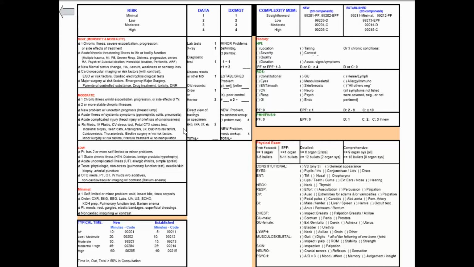But anytime you directly review something, whether it's a KOH slide with a wet prep or a chest x-ray or an EKG, you get 2 points. So a lot of times when you're in the hospital and you're looking at these EKGs or chest x-rays, again, you can get 2 points. But in our case, we just ordered lab tests, we get a point. We order an x-ray, and we give ourselves a point.